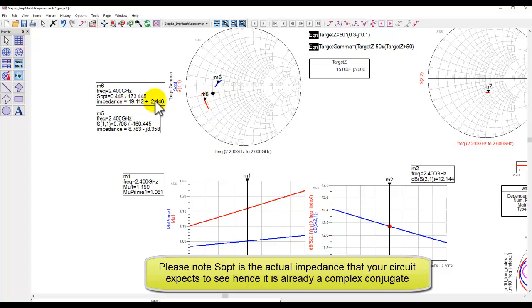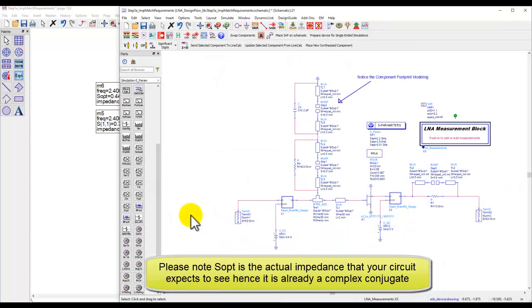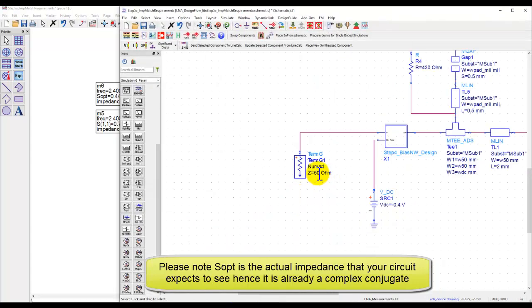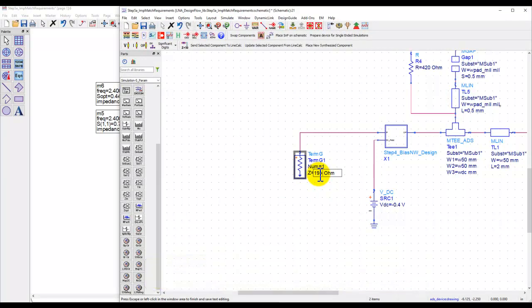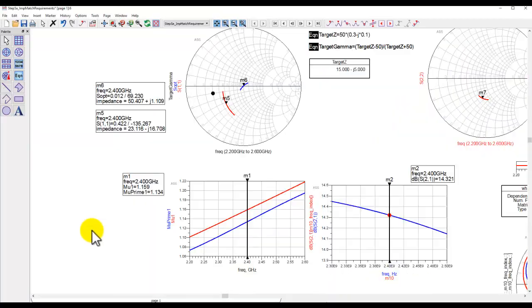Looking at this impedance here, 19 plus J2, I can quickly go to my schematic, set the source impedance to 19 plus J2, and terminate my source with that. We run the simulation, and now you can see the gamma optimum point is right at the 50, so it's like you did an impedance matching there.